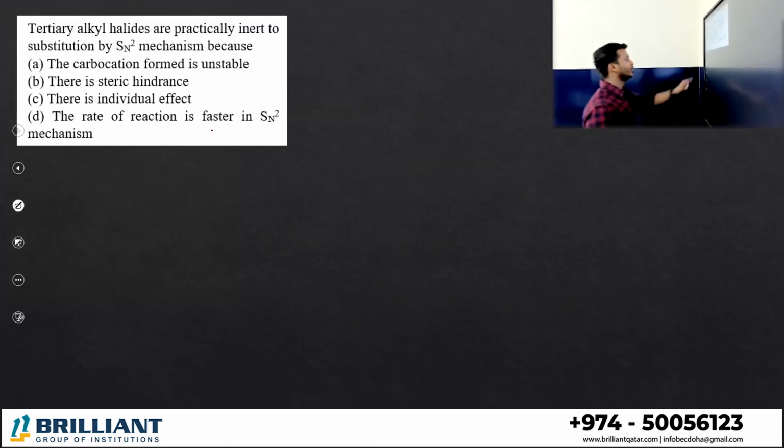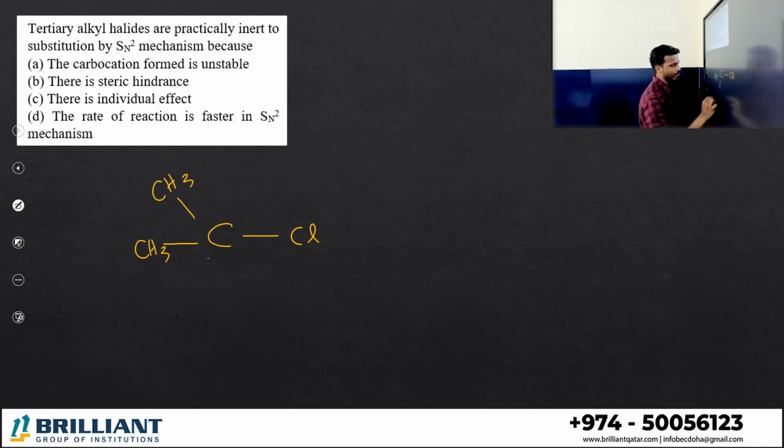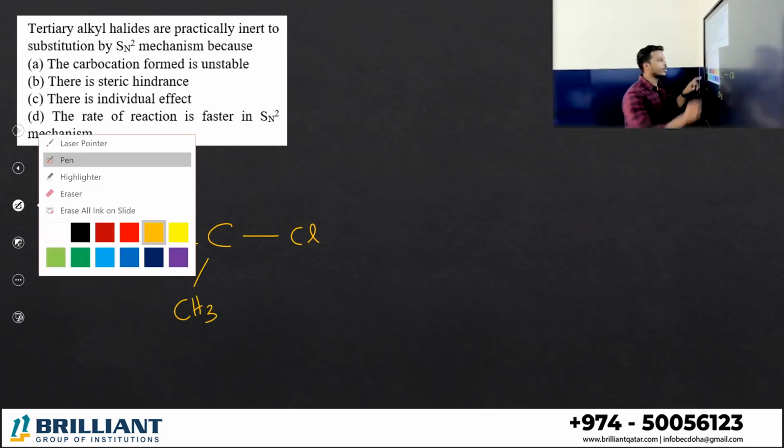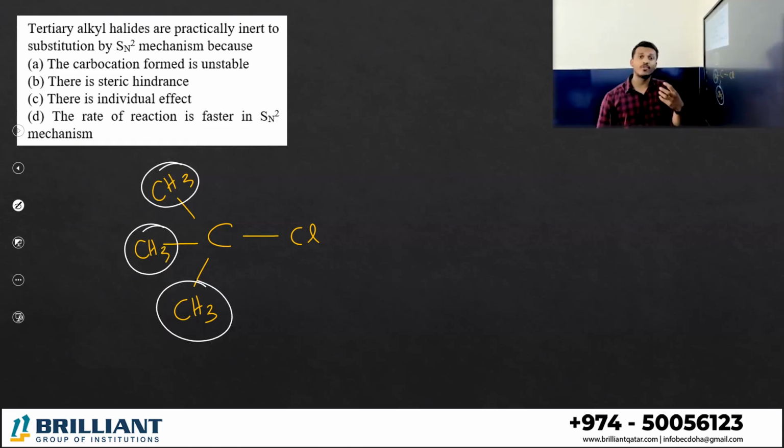Next one. Tertiary alkyl halides are practically inert to SN2. Yes. What is a tertiary group? The halogen-connected carbon is directly connected to three carbons. This is what tertiary is. CH3 groups are very bulky. Where is the nucleophile attacking in SN2 mechanism?